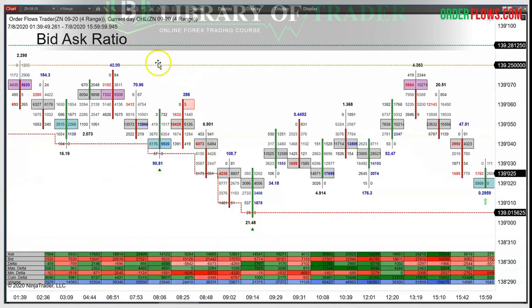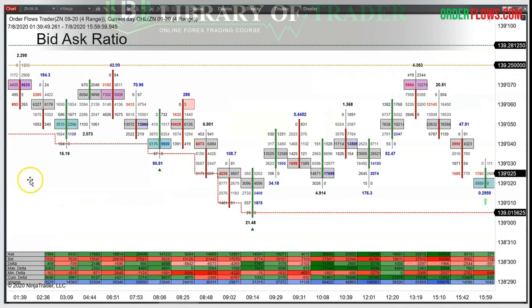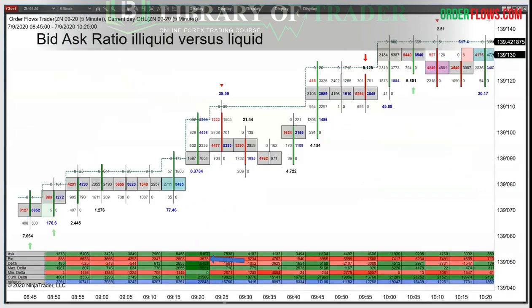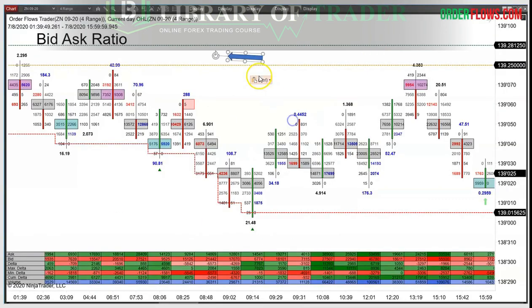Okay, now on a 4-range chart, I think it becomes a bit easier to see than on the 5-minute chart, right, on a more liquid market. Because now you're looking at price movements on the chart versus time movements on the chart. So here you got a nice one at the low, right? Well, 6.7 versus 14,000.